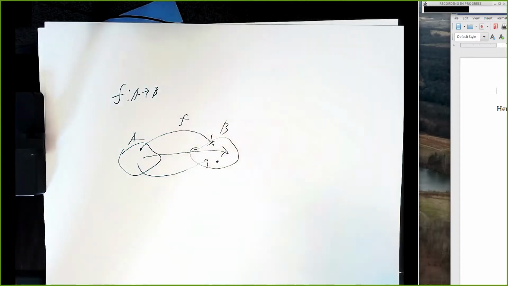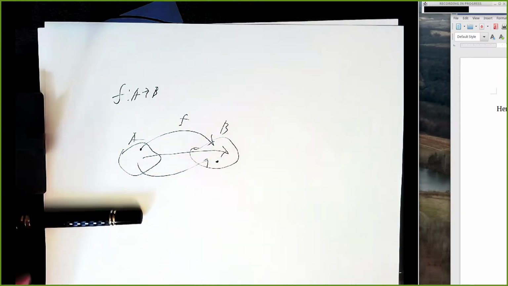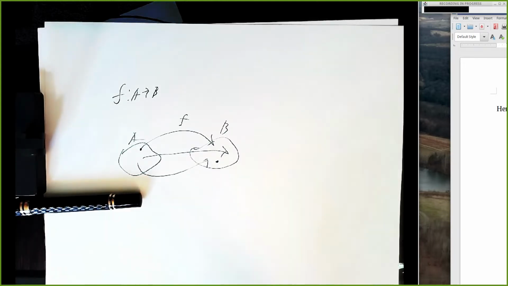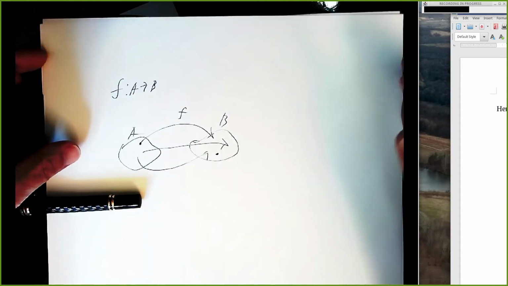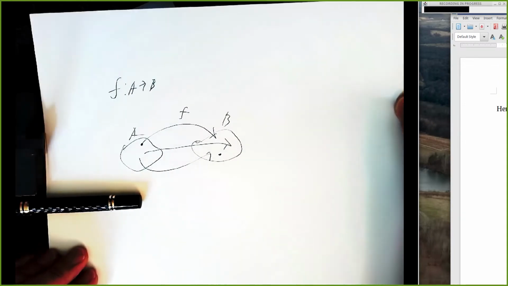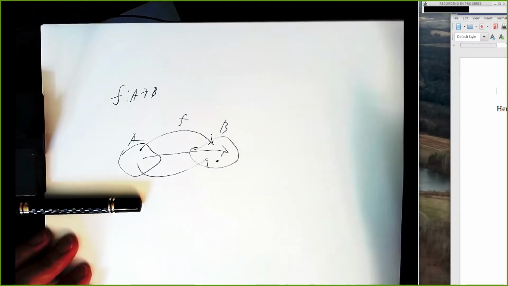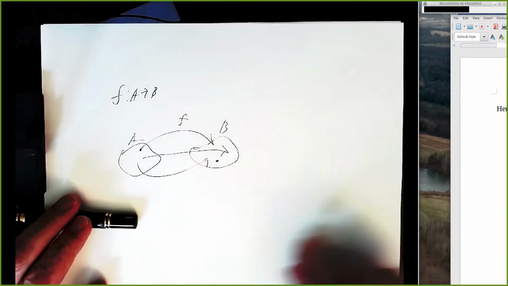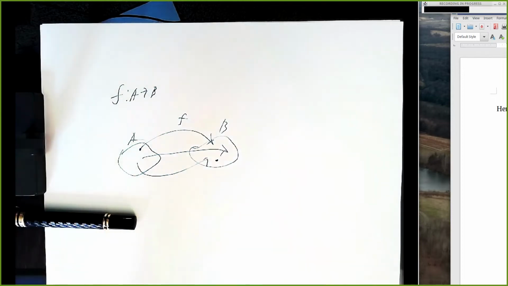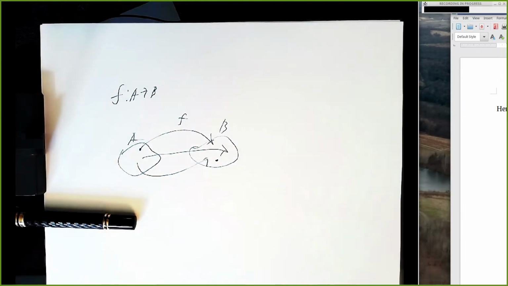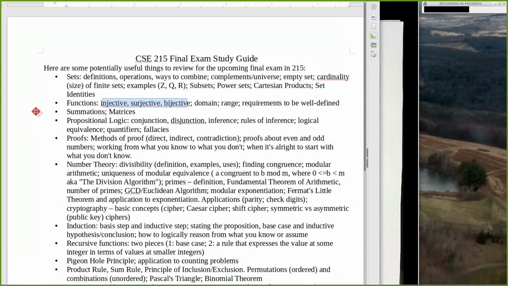So like an inverse sine is not a function in the actual sense, because the inverse sine of 0 is both 0 and pi and 2 pi. A pure square root is not a well-defined function, because the square root of 4 is both 2 and minus 2. So if a point here maps to more than one point in B, it's not a function. So that's the requirement for being well-defined.